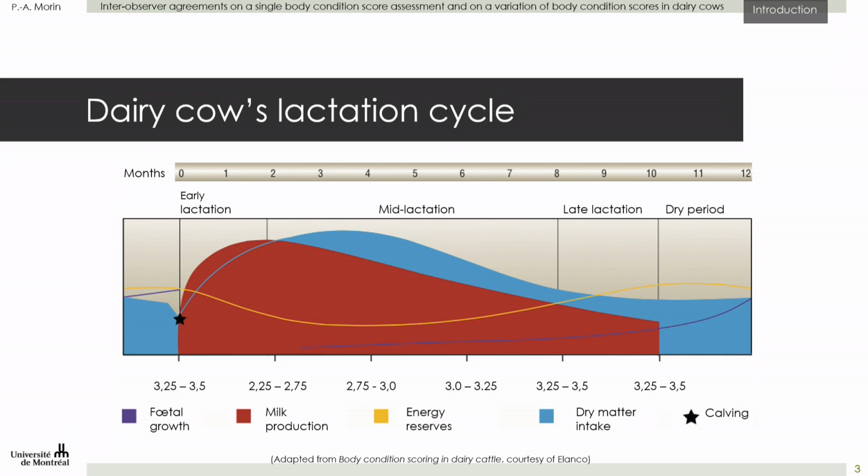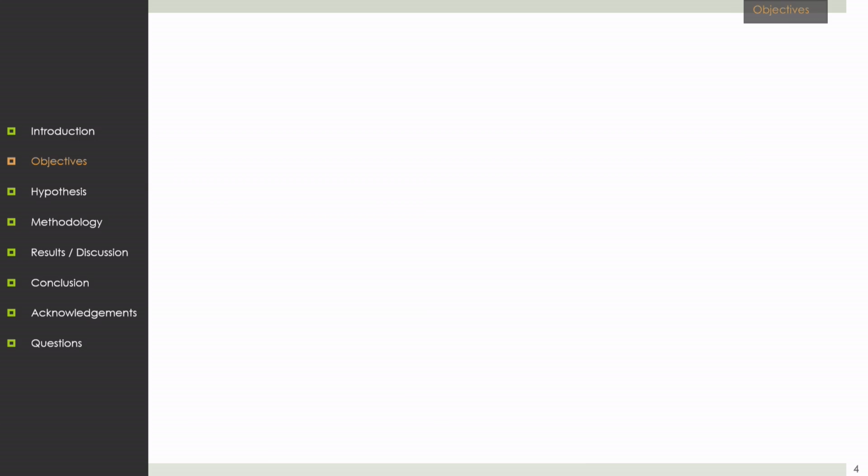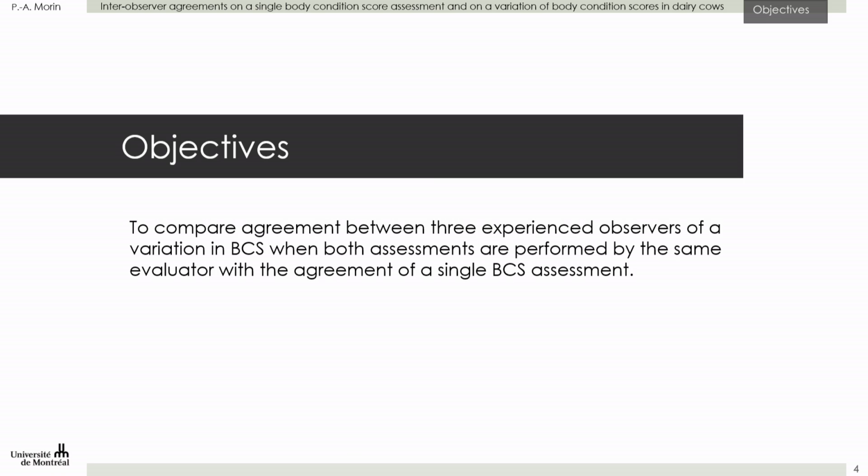So to address that lack of information, we decided to compare the agreement between three experienced observers of a variation in BCS, when both assessments were performed by the same evaluator, with the agreement of a single BCS assessment.